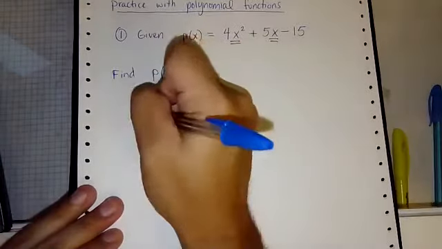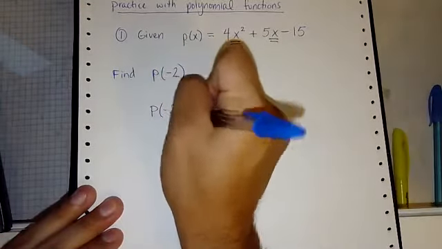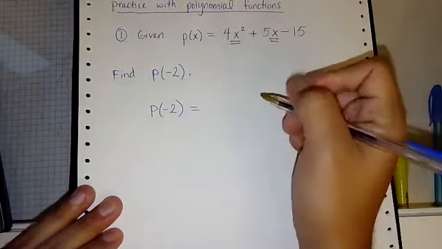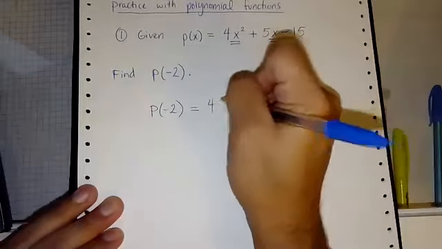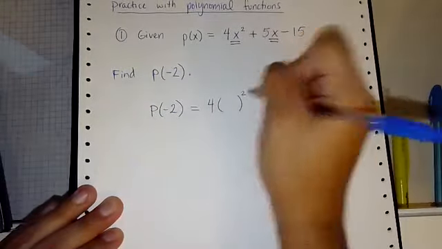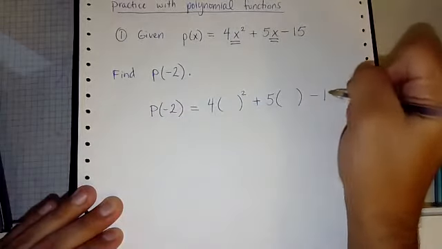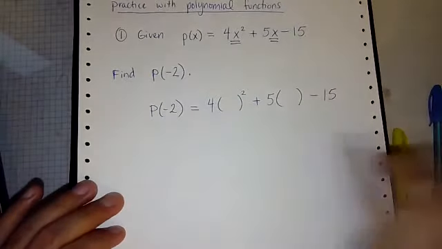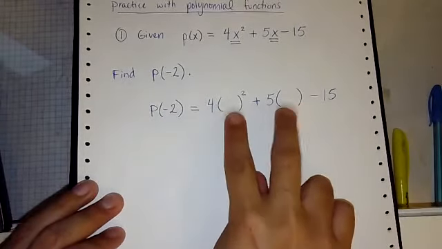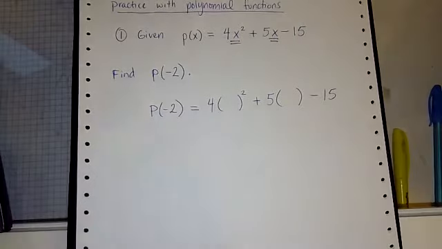So you could say p of negative 2 is equal to 4 times some number squared plus 5 times some number minus 15. I'm putting parentheses wherever I'm going to plug in this value of negative 2.